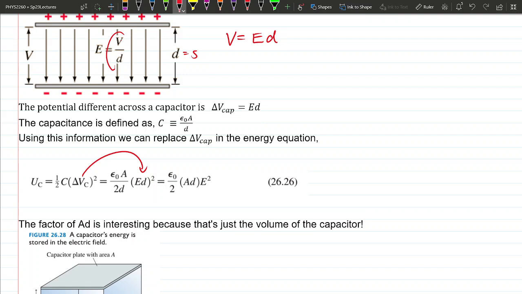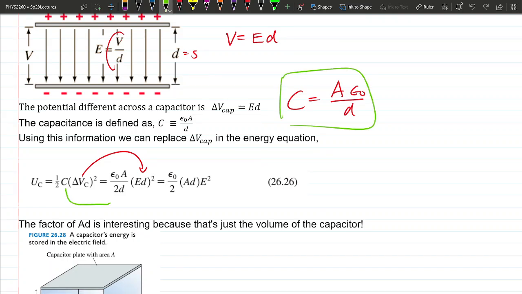And instead of writing capacitance, remember, capacitance is epsilon naught times the area of the plate divided by the separation distance between them. That gets you this step.